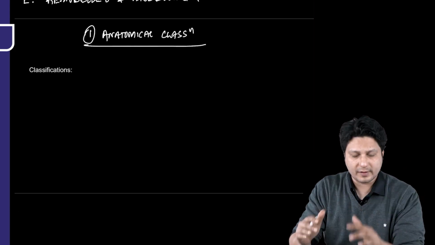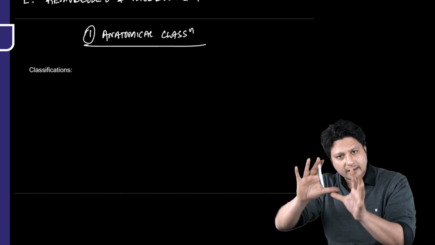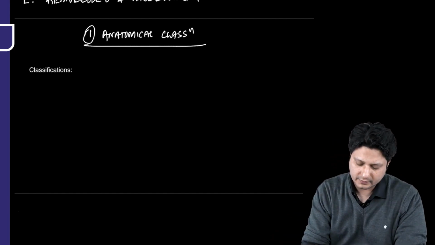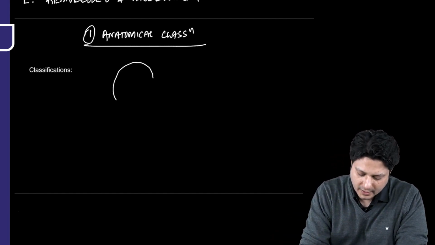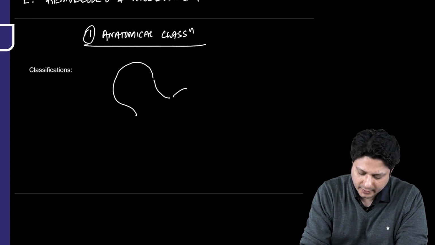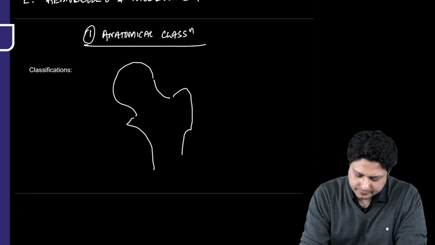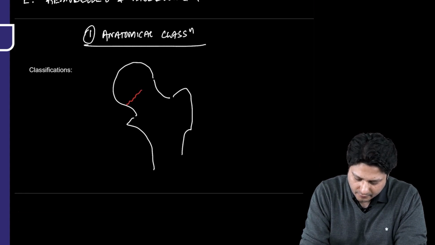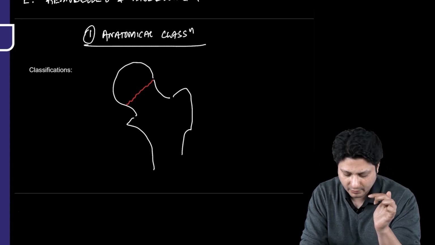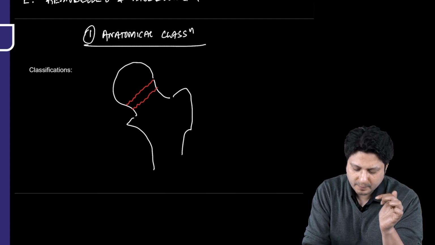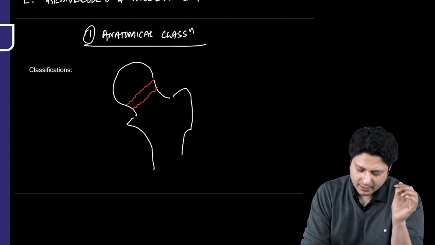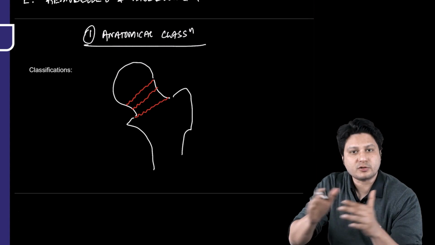Now, under the heading of anatomical classification, again by a rough diagrammatic representation, we'll be talking about this. Anatomically, the fractured neck of femur can be classified into three different types. It could be a fracture which is just below the level of the head, a fracture which is passing through the center of the neck, and a fracture which is passing through the base of the neck.